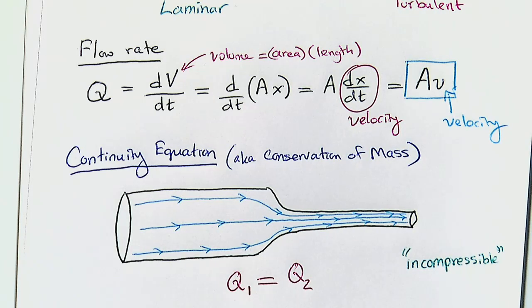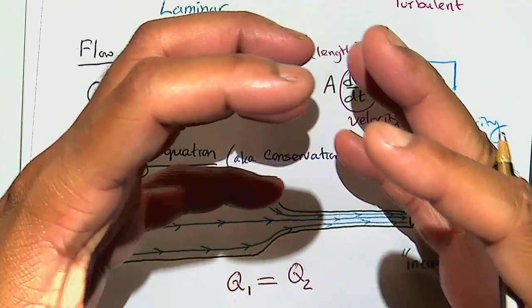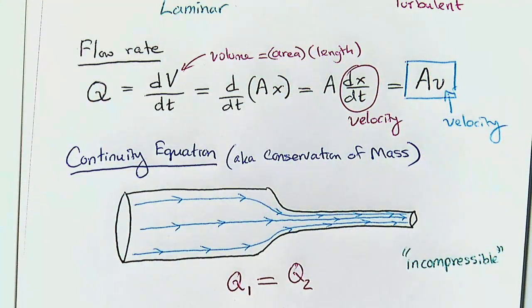So it's not a great assumption for air. Air is fairly compressible in a lot of cases. But it's a pretty decent assumption for water. Try to put water in a container and squeeze it. It's not easy to do. If you fill a deformable container with water and try to physically change its volume, to take a certain volume and squeeze it into something smaller, you can't.